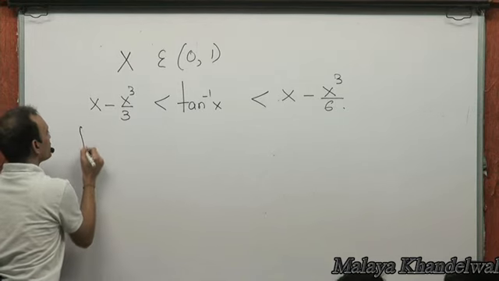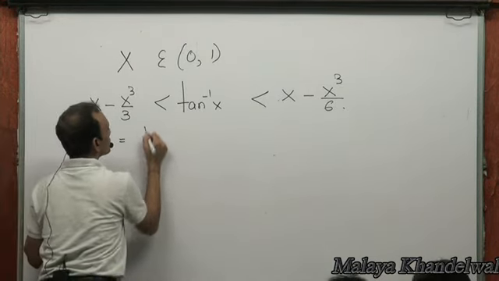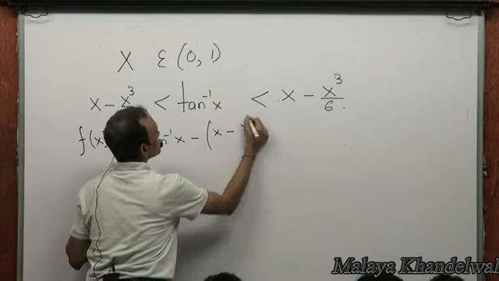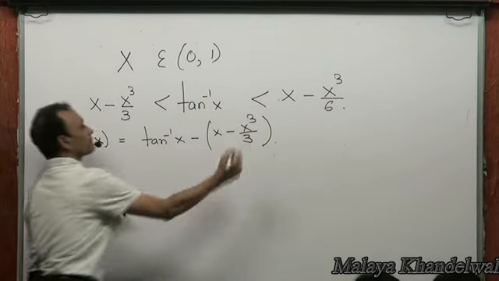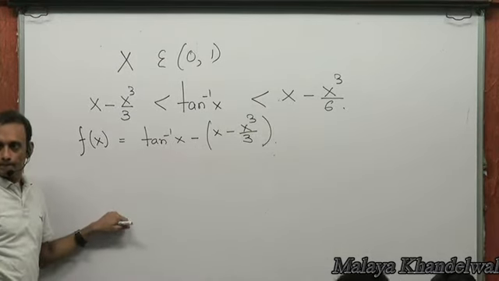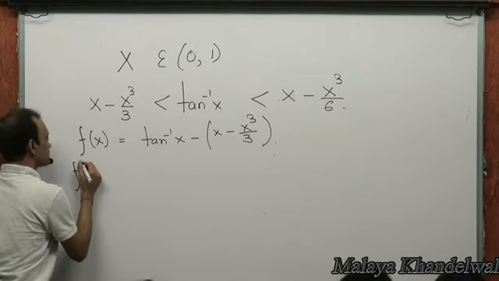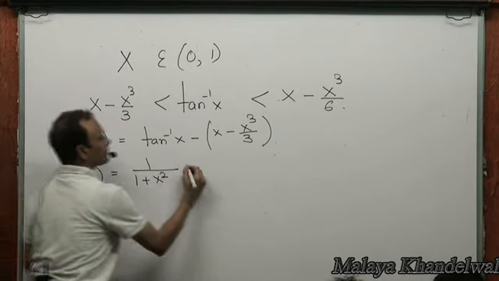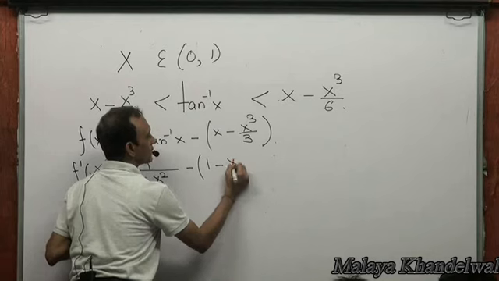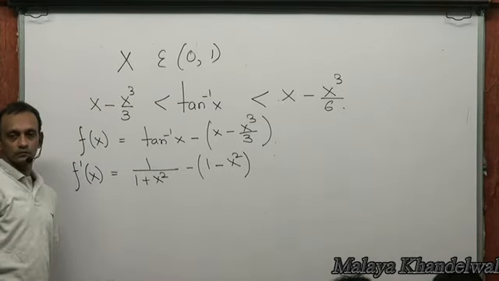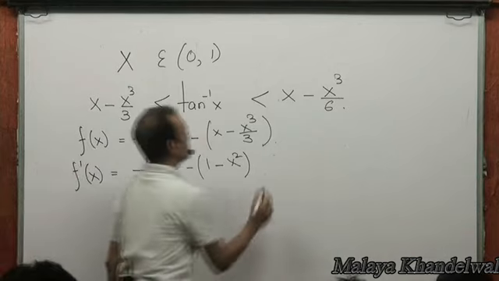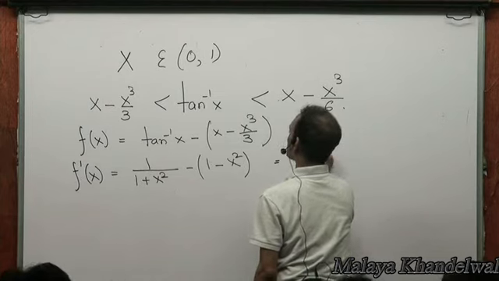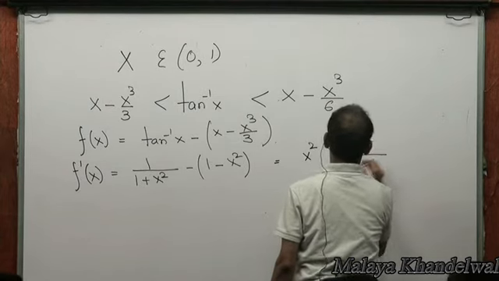Let me construct an auxiliary function f(x), which is tan inverse x minus x cubed by 3. Right? f dashed x would be 1 by 1 plus x squared minus 1 minus x squared, which is like x squared minus x squared by 1 plus x squared.